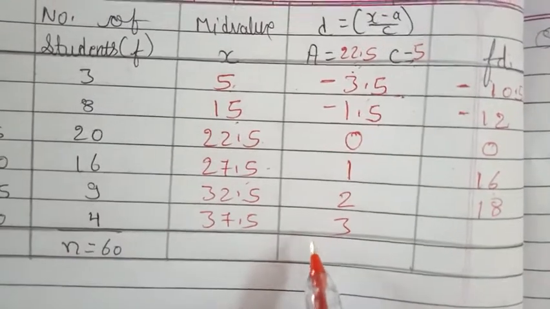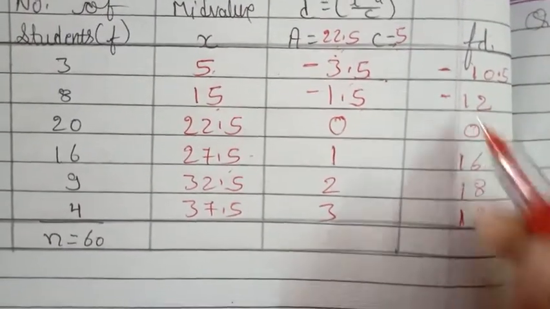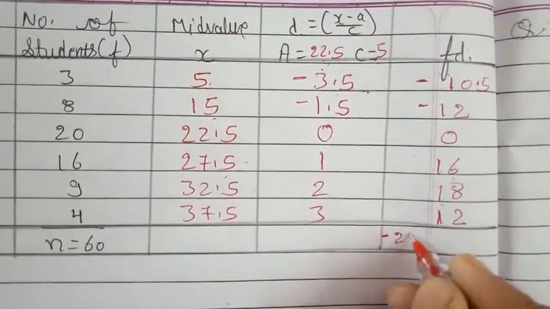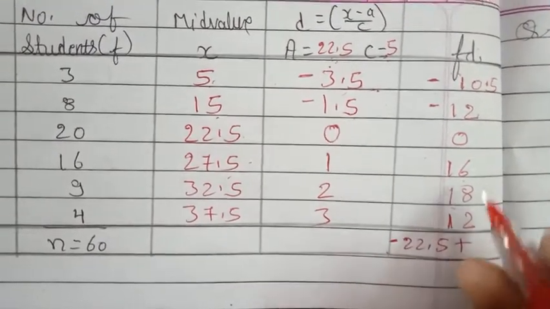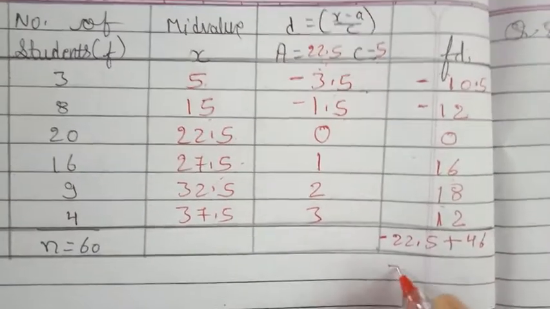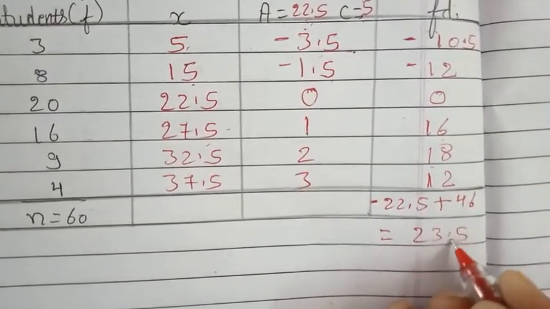And 4 multiplied by 3. Now positive and negative, so minus 22.5 plus the addition of these, 46, so that is equal to 23.5.